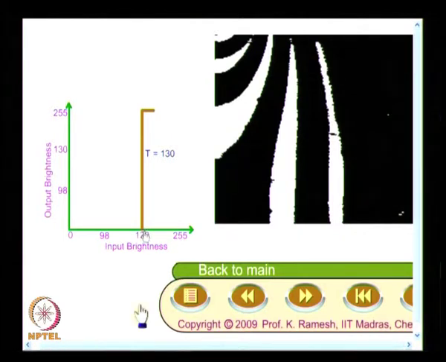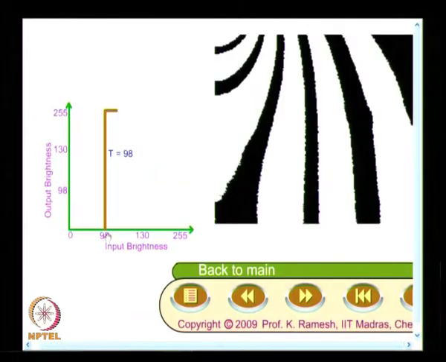Any gray level value below 130 I make black, and any value above 130 I make white. I start seeing black and white regions demarcated, and the black regions are nothing but your fringe contours. If I change the threshold optimally, suppose I make it 98, which is a very good threshold for this problem, I see so many fringe contours beautifully demarcated.